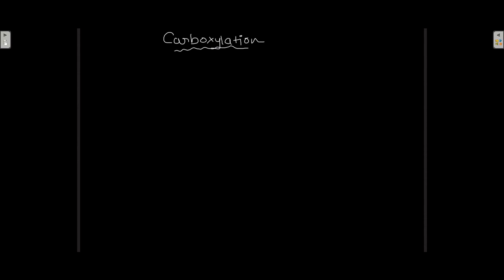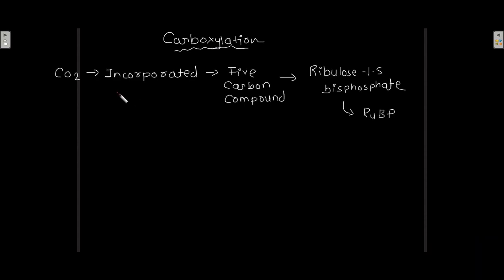Now let's see about carboxylation. During this step, the carbon dioxide is incorporated into a 5-carbon compound which is known as ribulose 1,5-bisphosphate, abbreviated as RuBP. So carbon dioxide is just incorporated into RuBP.